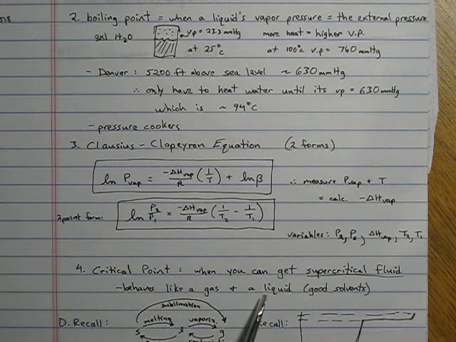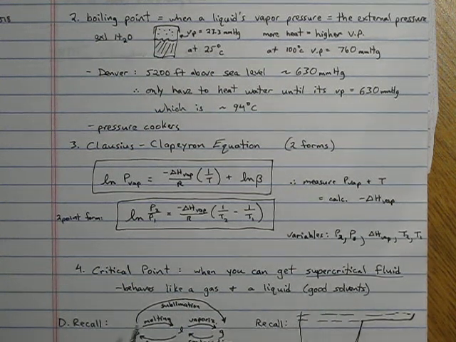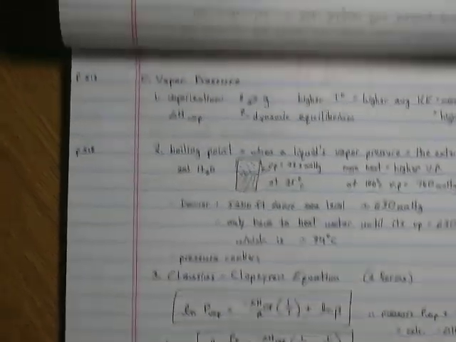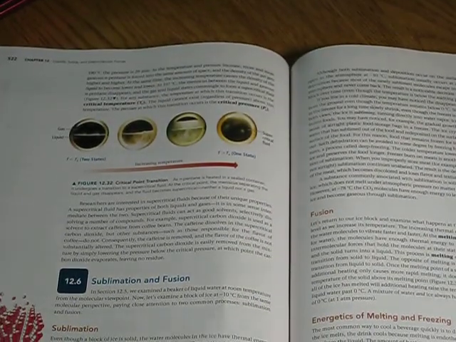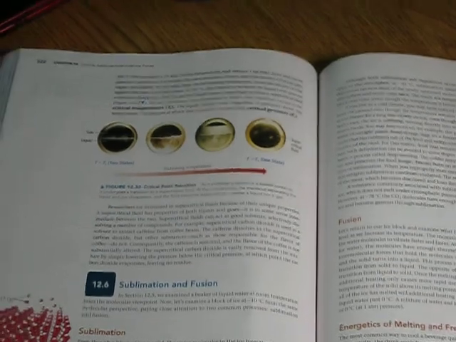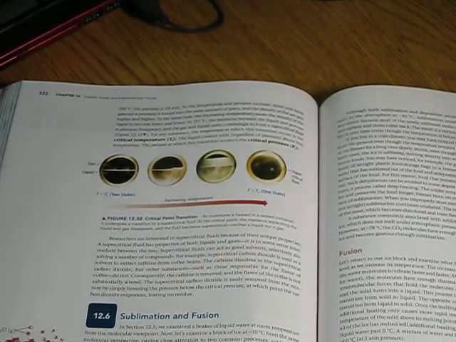But the critical point is when you can get a supercritical fluid. So if you increase the temperature and increase the pressure enough, you get a system where for some molecules they turn supercritical. And here's kind of an example of what that would look like.